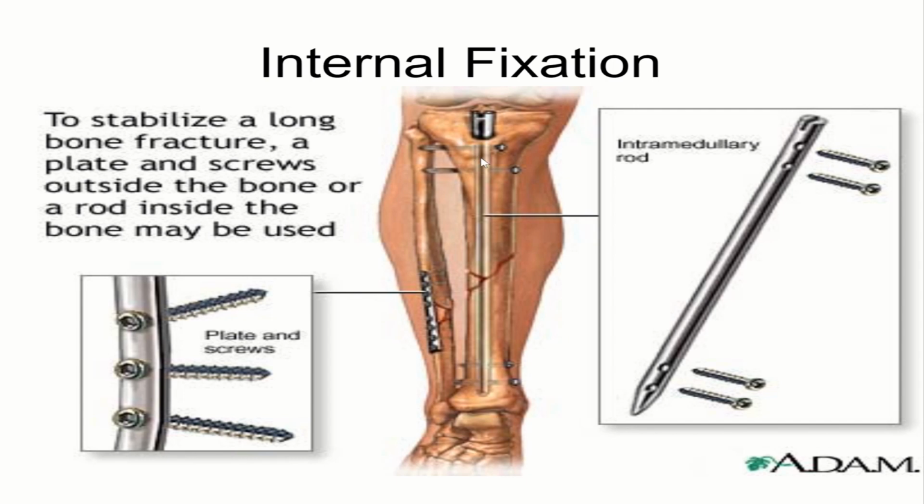You would use pins on smaller bones and rods on larger ones. This is an intramedullary rod, which means we drill out the medullary cavity of this bone and then drive this rod into it, which provides support and allows the bone to heal around it.